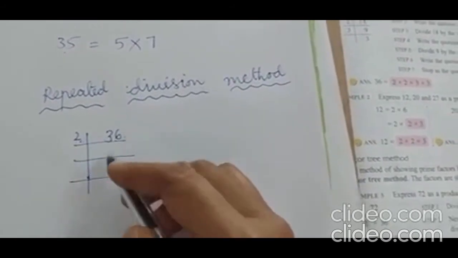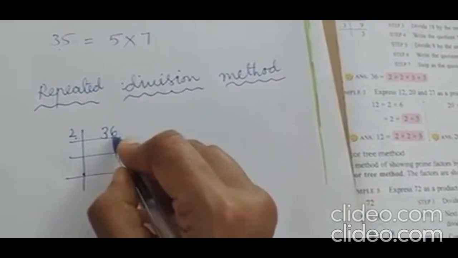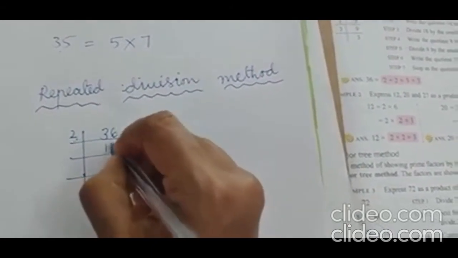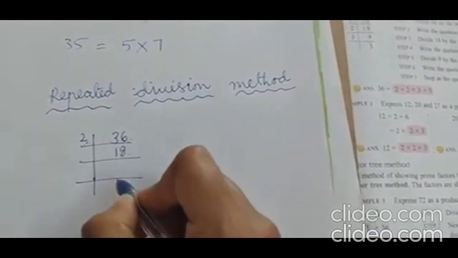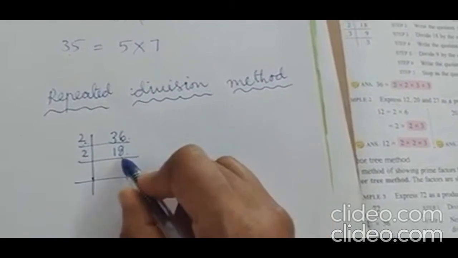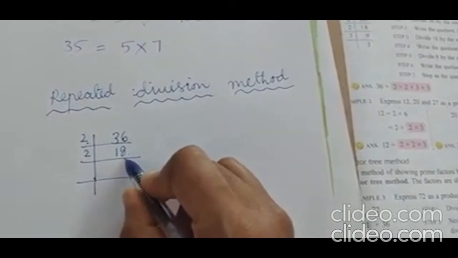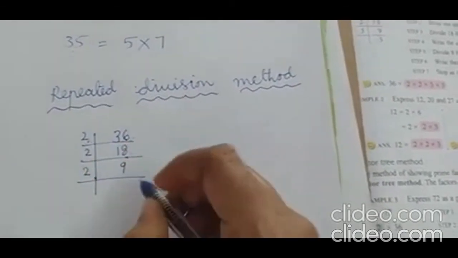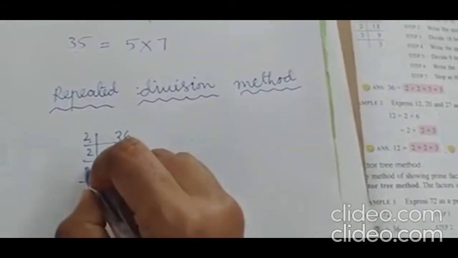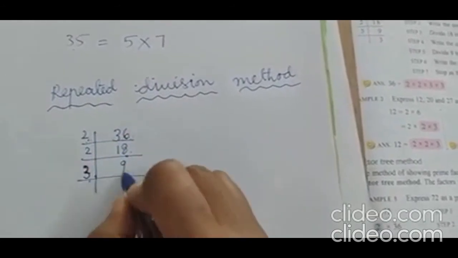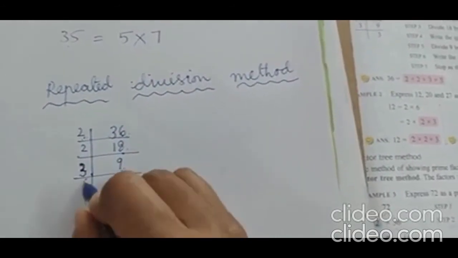Got it? How many 2s are there in 36? 18 2s are 36. Okay. And then how many 2s are there in 18? 9 2s are 18. Got it? Okay. Now in this we will use the third table, because 9 will not go with the second table.